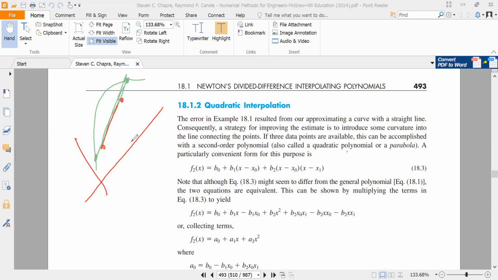Now if we put a point here, for example, then we will have 3 points. One point is x0, another point is x1, another point is x2, and the value of your function is f(x2).